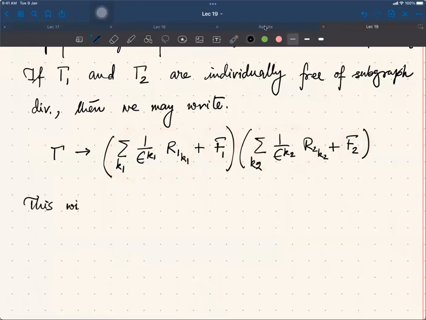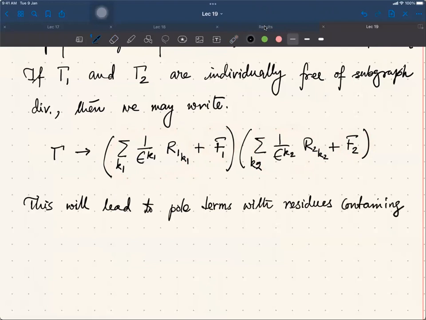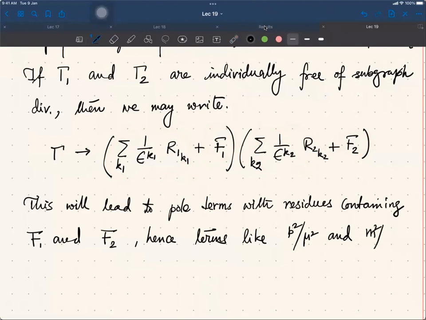So this will lead to pole terms with residues containing F1 and F2, hence terms like p square over mu square and m square over mu square.